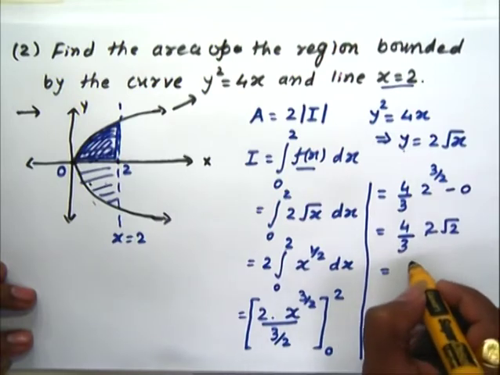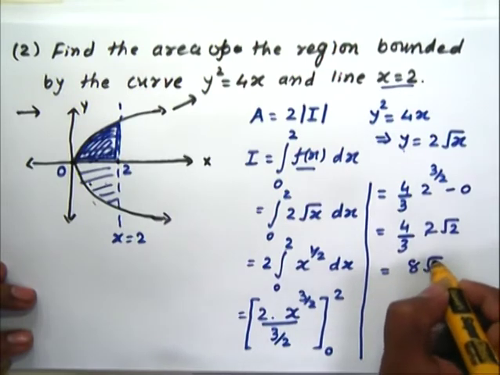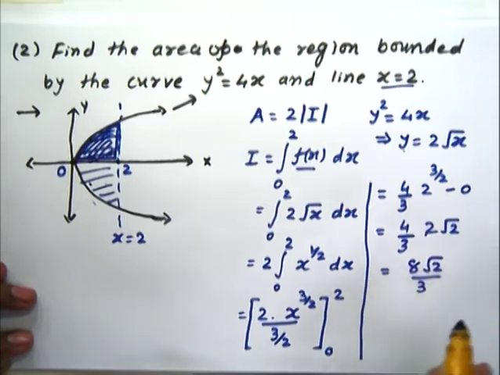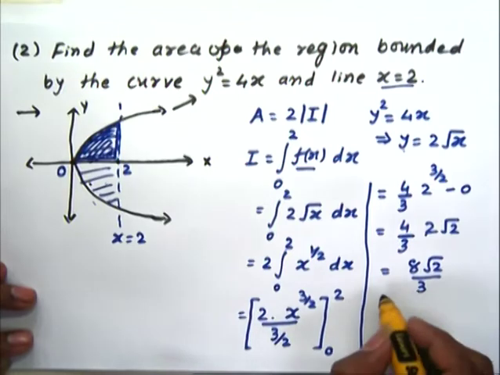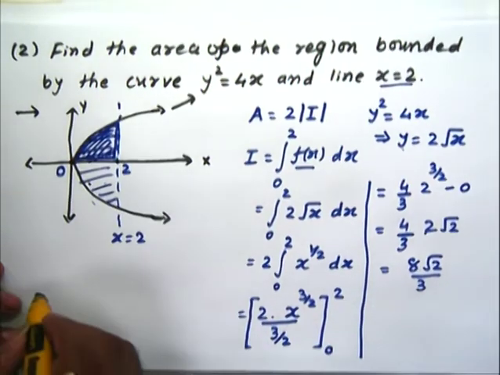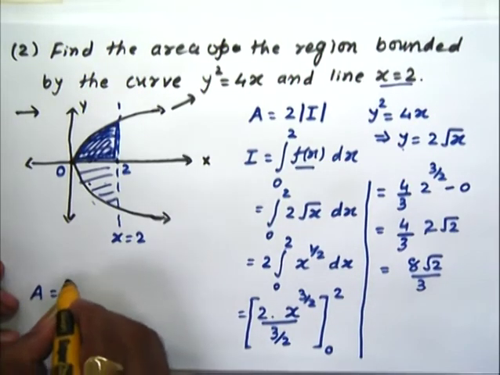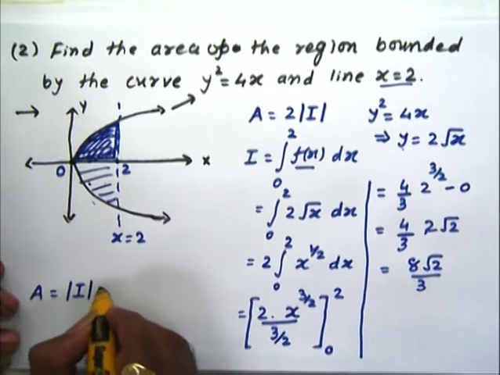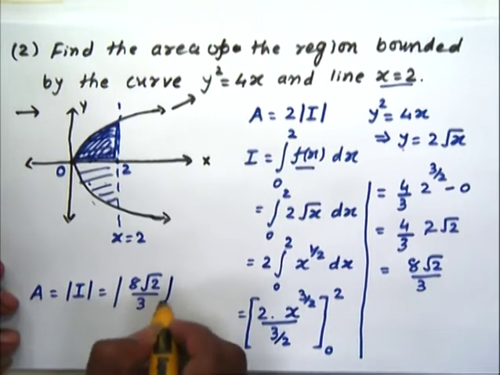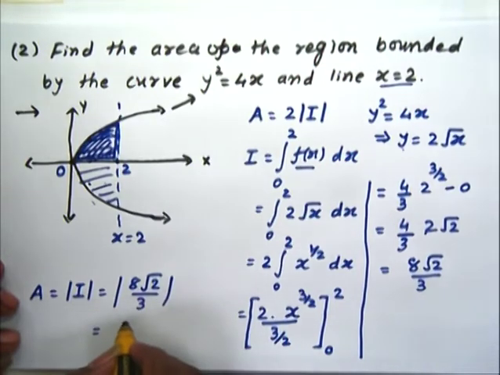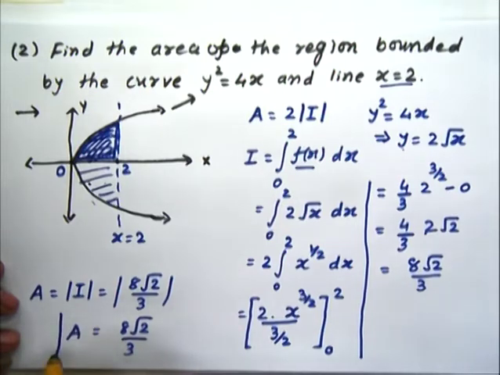So the answer is 8 square root 2 divided by 3. This is the value of I. We have found I. Now the area A equal to mod I, equal to mod of 8 square root 2 by 3, which is the same as 8 square root 2 by 3. So this is our area.